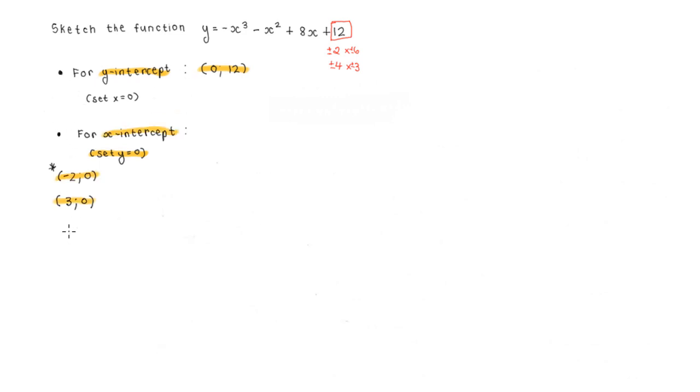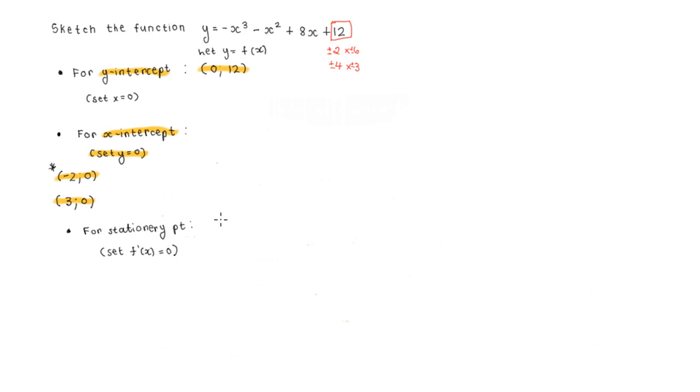Now that we're done with our intercepts with the axis, we can now be concerned with our stationary point. And we know that for the stationary point, we need to set f prime of x equal to 0. I'm going to put back that instruction of let y equal f of x up at the top over here.